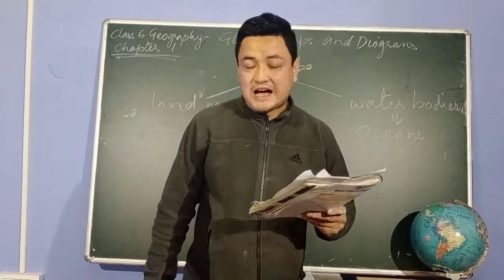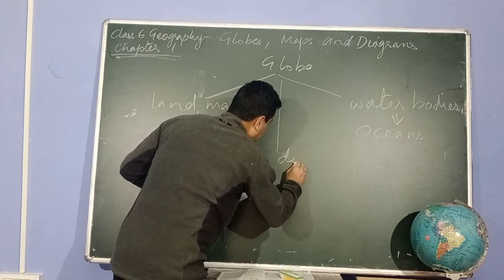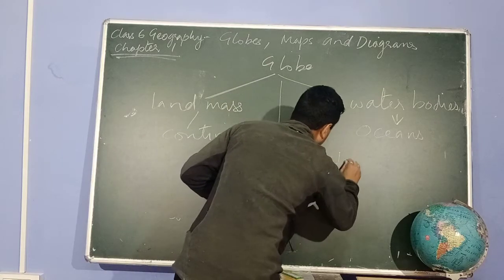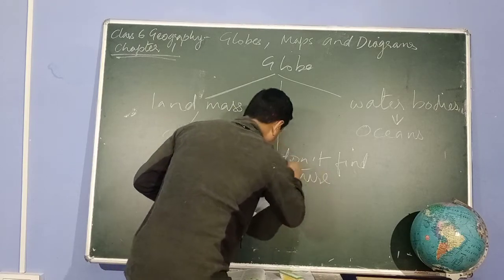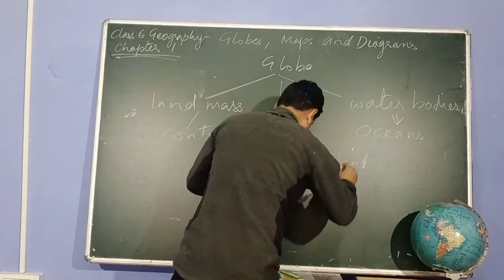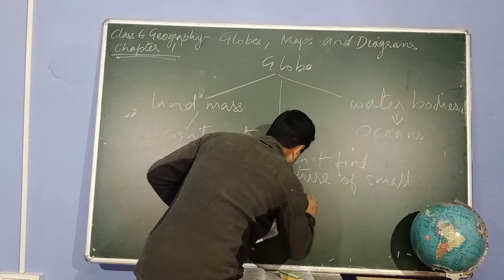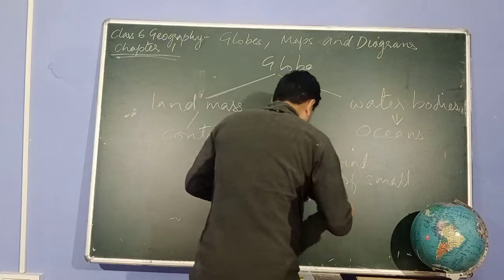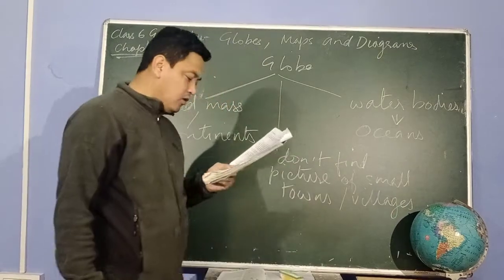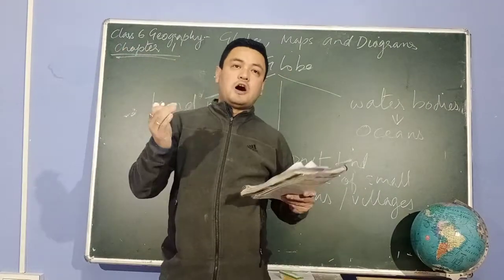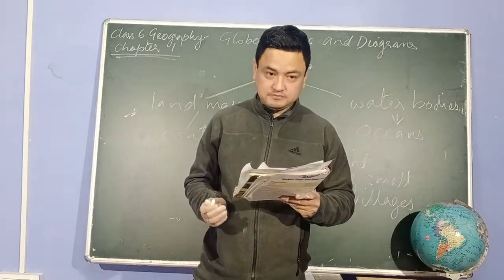And details of small towns and villages of countries: in a globe, you don't find pictures or images of small towns or villages of a country. So where do you find these small towns and villages of a country? In a particular map. Remember that?